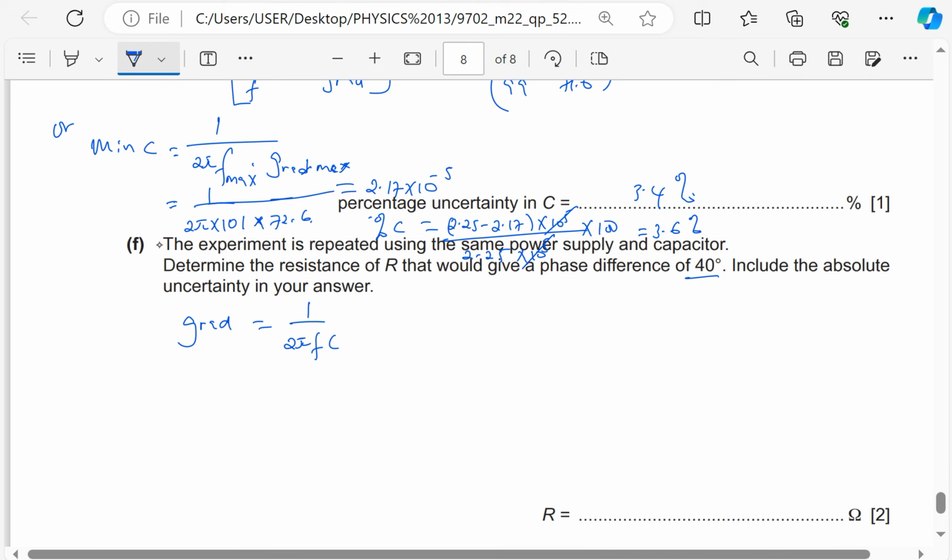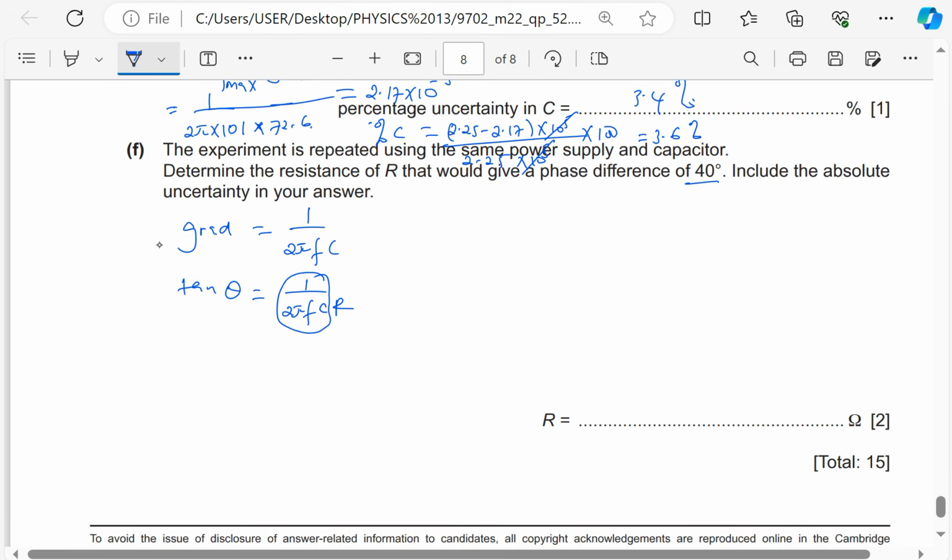So the experiment is repeated using the same power supply and capacitor. Determine the resistance R that would give a phase difference of 40 degrees. Remember the original equation we started with: tan of theta is equal to 1 over 2 pi f times c times R. And remember this was the gradient.